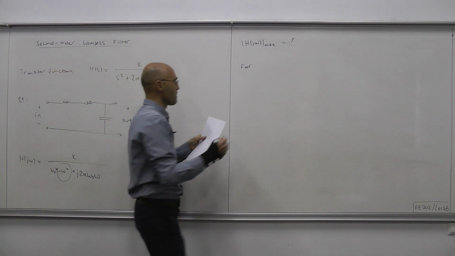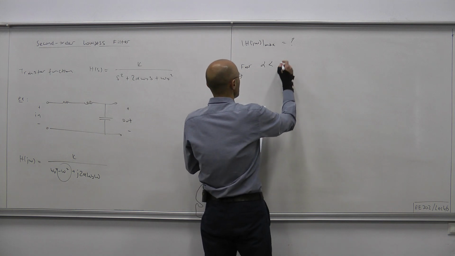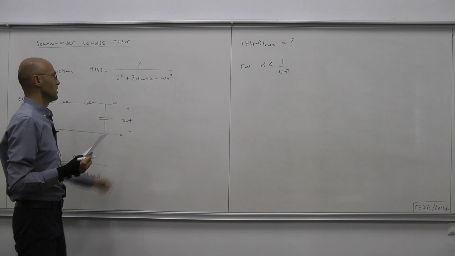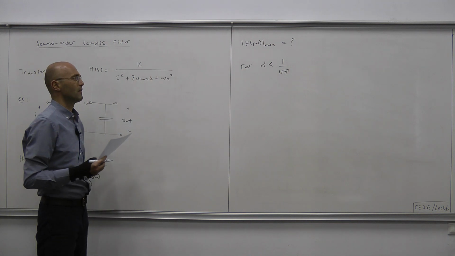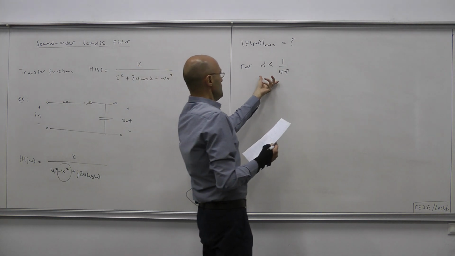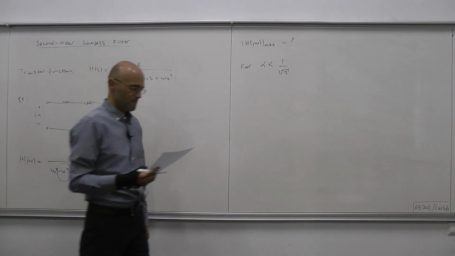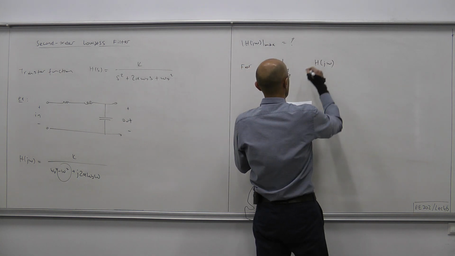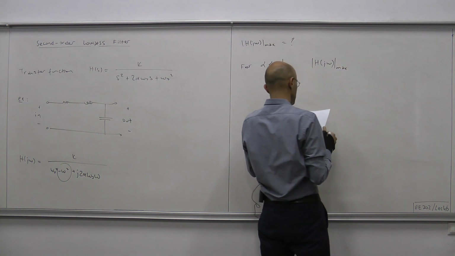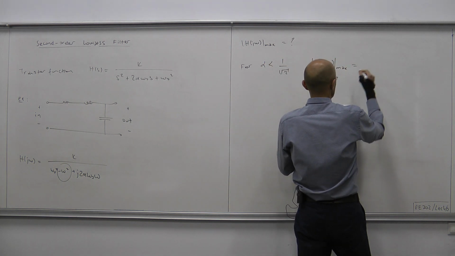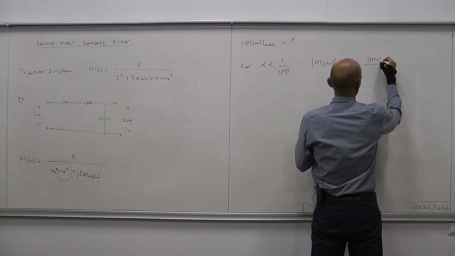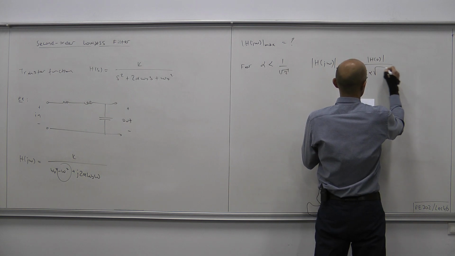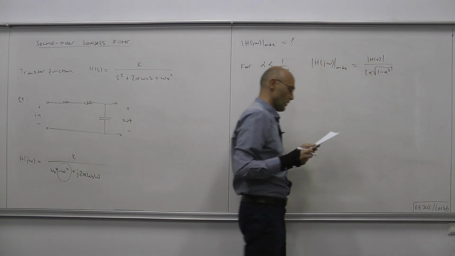Okay, for instance, for alpha small, and by small we mean whenever it's less than 1 over square root of 2, and note that alpha and omega 0 are always positive. So whenever alpha is less than that, then |H(j omega)| max, the maximum value that the gain achieves, turns out to equal |H0| divided by 2 alpha square root of 1 minus alpha squared.